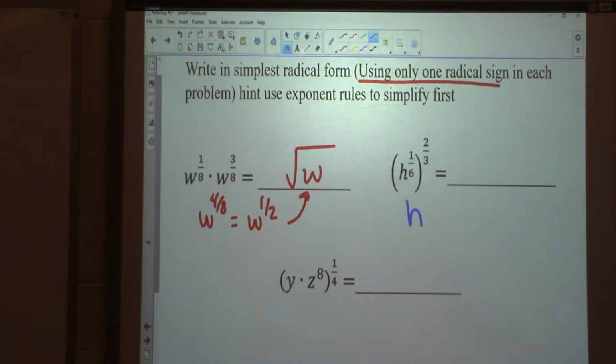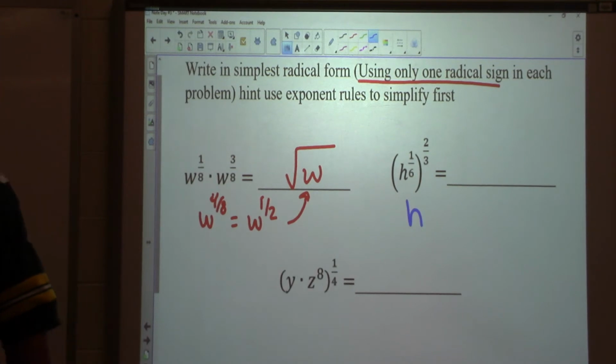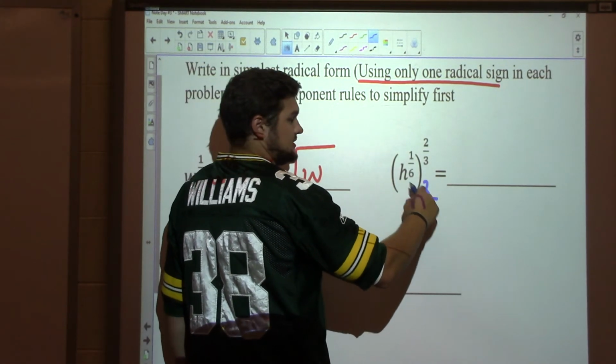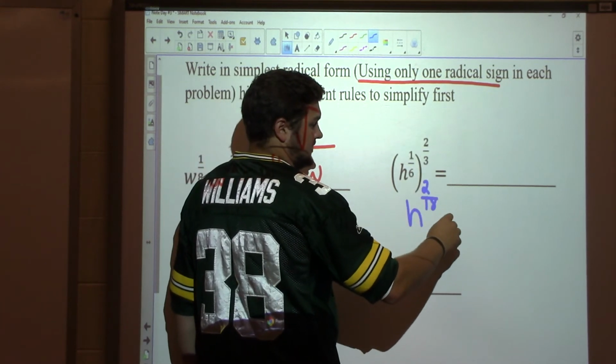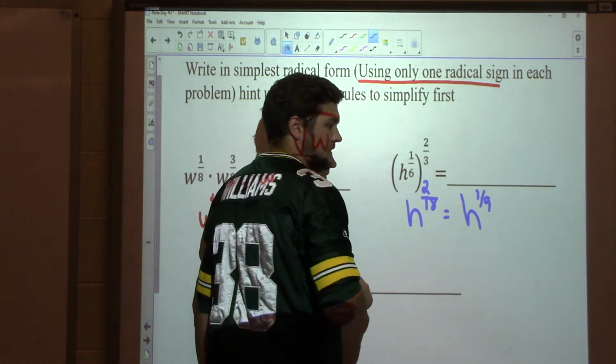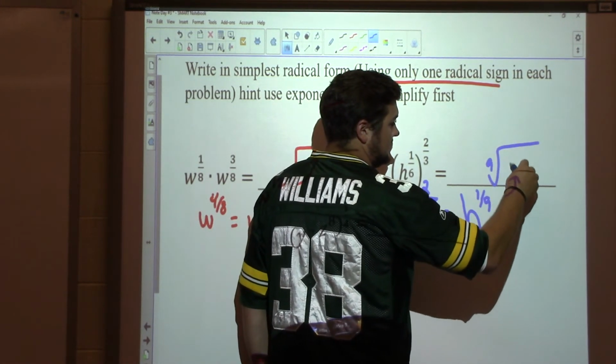We're not adding. If we're adding, we want a least common denominator. We just multiply tops, multiply bottoms, multiply it straight across. Right? 1 times 2 is going to be 2. 6 times 3 is going to be 18. So that equals h to the 1/9, which as a radical then would be the 9th root of h.